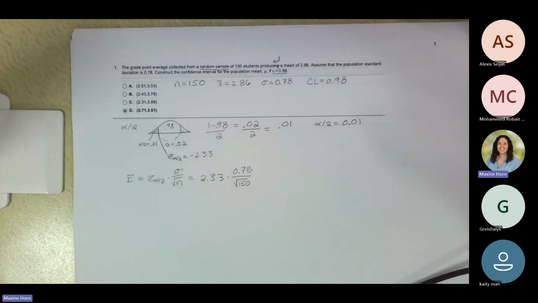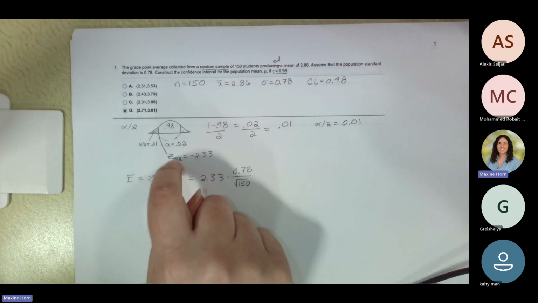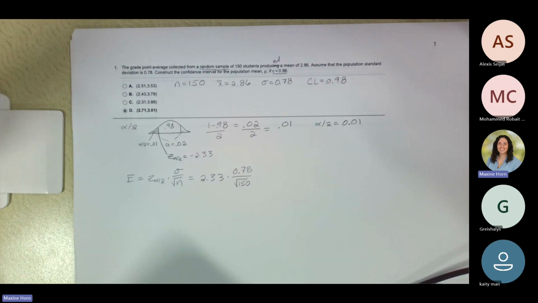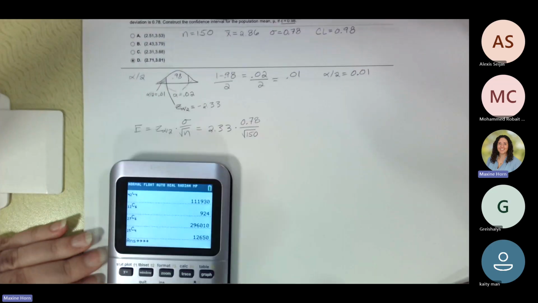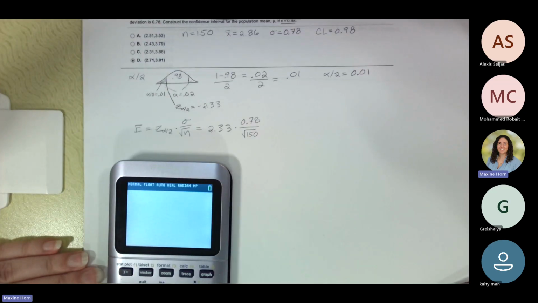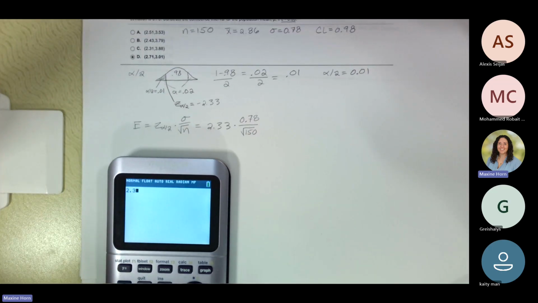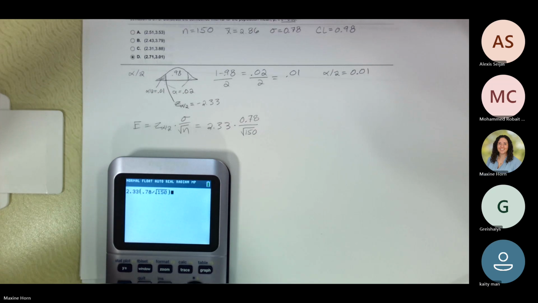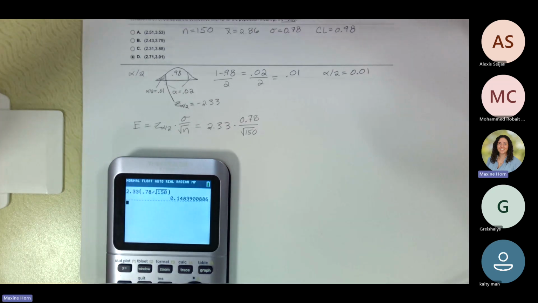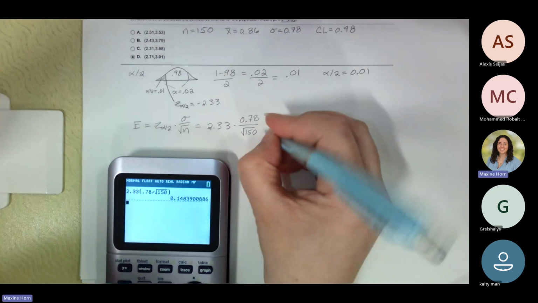Okay, so we're going to, oh, I forgot I was also going to show you how to do this in the calculator. I'll do that in a minute. Okay, so we're going to do 2.33 times 0.78 divided by the square root of 150. Okay, and we get this number.